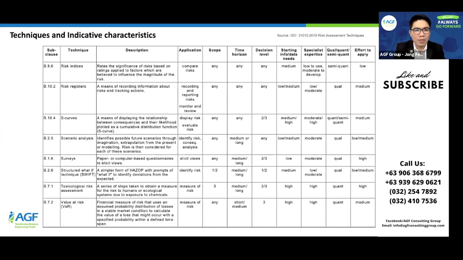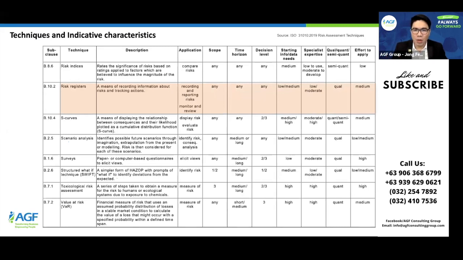And then you also have there, as you can see here, risk indices, risk registers. So again, these are more risk assessment techniques. Maybe others are quite new to you, like the SWIFT or the value at risk. But let's take a look at the risk register here, because risk register is very common. You may all have risk registers in your QMS. So what is a risk register?